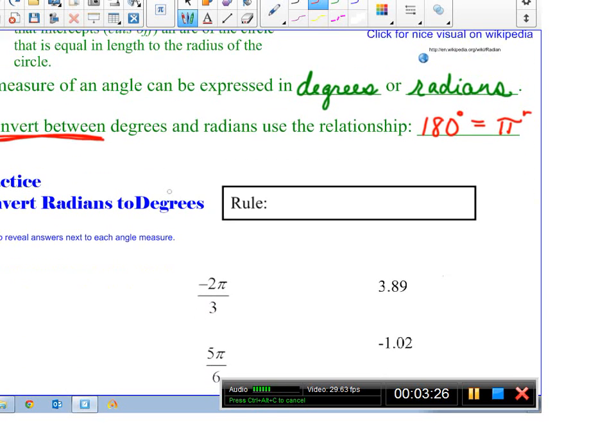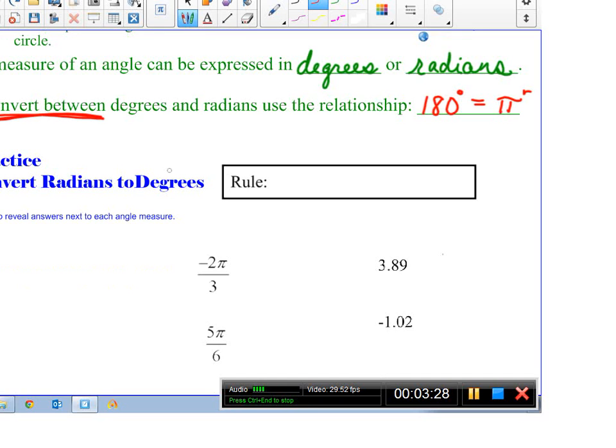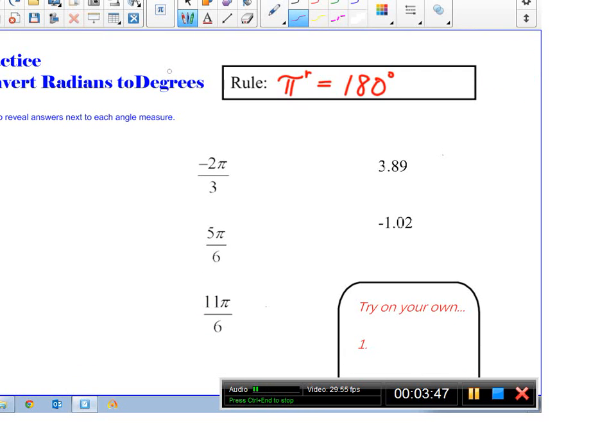So we're going to use that to convert. Pi radians, little r there, is the same as 180 degrees. That's like saying 12 inches equals 1 foot. So think of it that way if you'd like. We're just converting between different units.